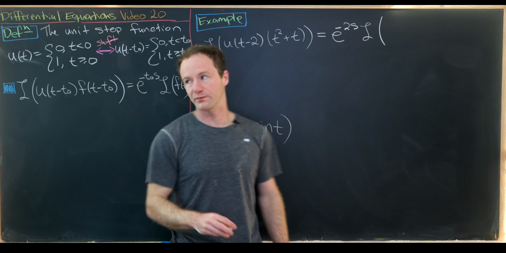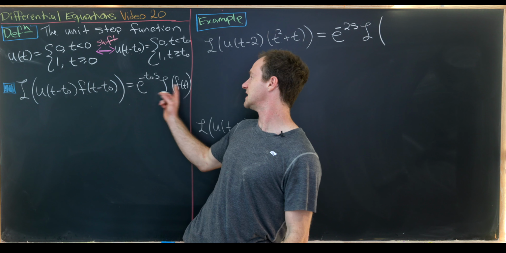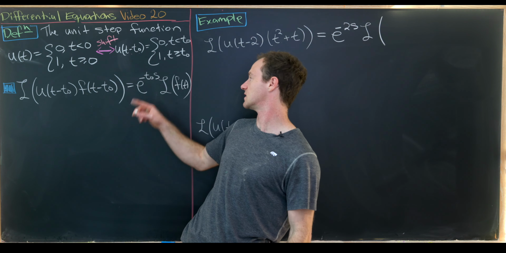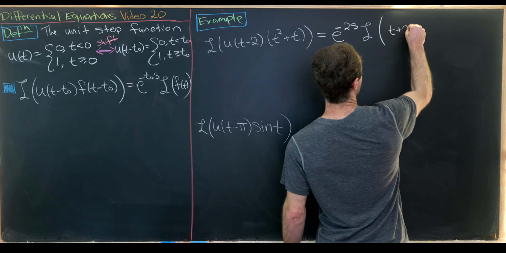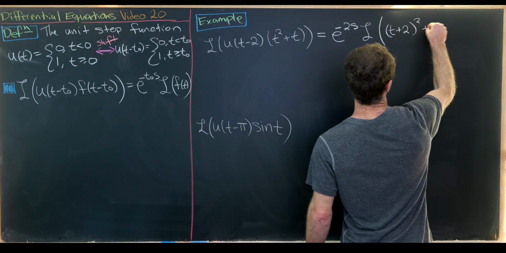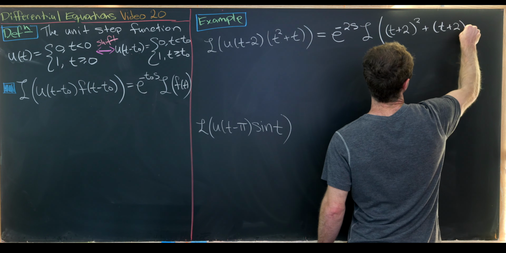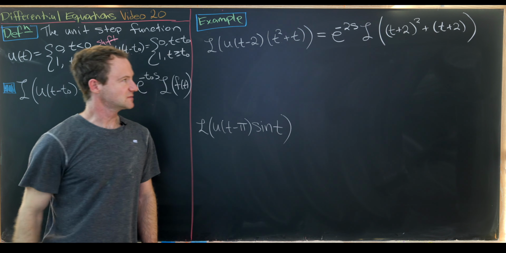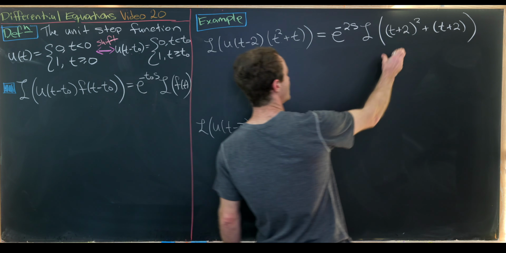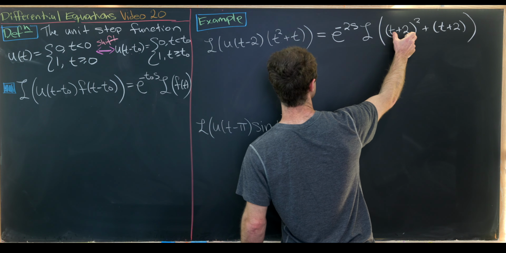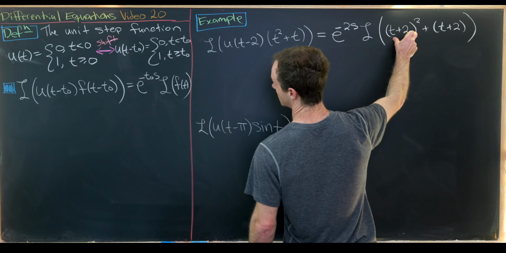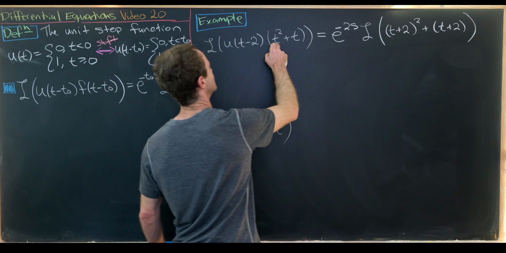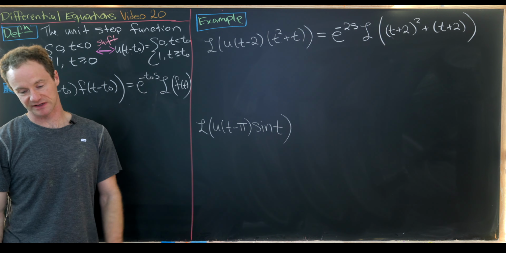And that work will be, like I talked about, replacing t with t plus t naught in both of these. So that means here we'll have t plus 2 quantity squared plus t plus 2. Great. And so notice that if we define our function to be this t plus 2 object, then this function evaluated at t minus 2 will give us exactly this t squared plus t thing.